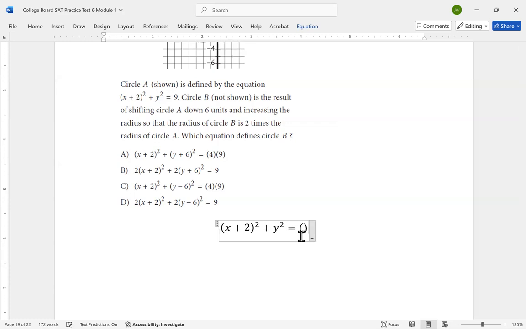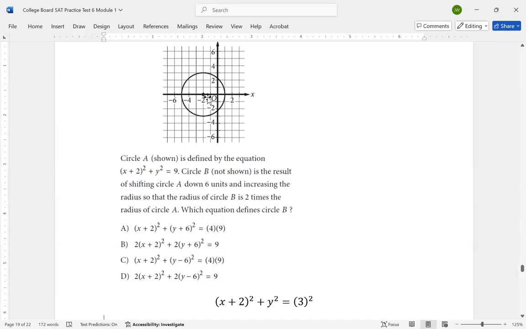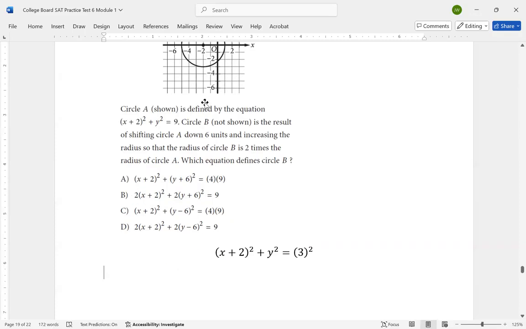So let me write that: instead of writing 9, I'm going to translate that into 3 squared. That's going to be important, radius squared. And you can see that on the picture. We have a radius of 3, and it's centered at the point (-2, 0).